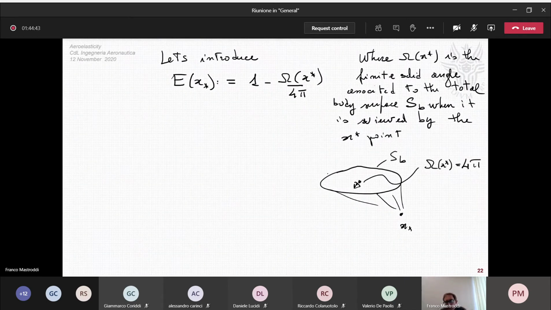The black side of the moon has a negative contribution. The white side of the moon gives a positive contribution, just opposite to the dark side. So in this case, omega x star is equal to 0.